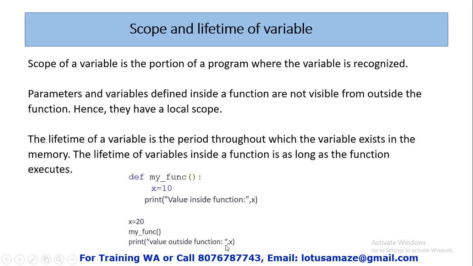So lifetime of variable is throughout which the variable exists in the memory, right? If variable is declared within the function, its existence is within the boundary of the function, it will just print the value which is within the function. Outside function in the program, if we are declaring x separately, then value outside function would be the same value which is in the program.